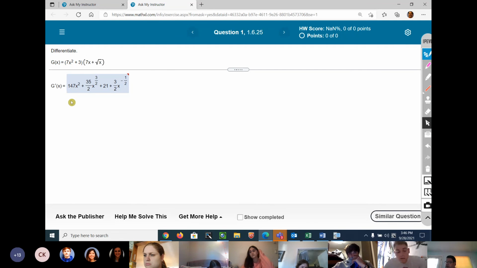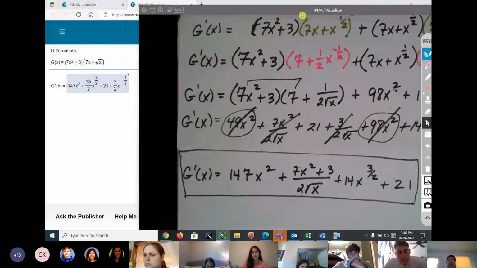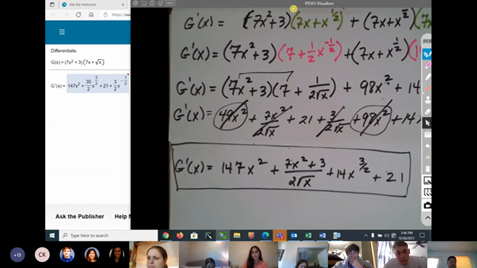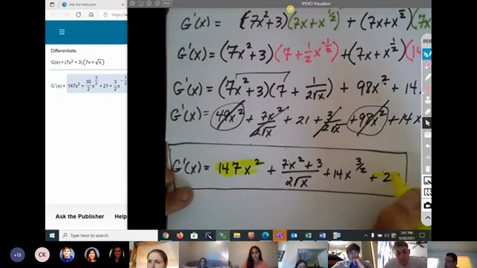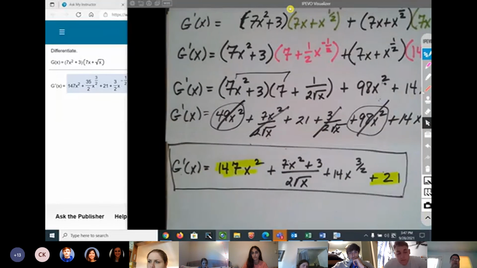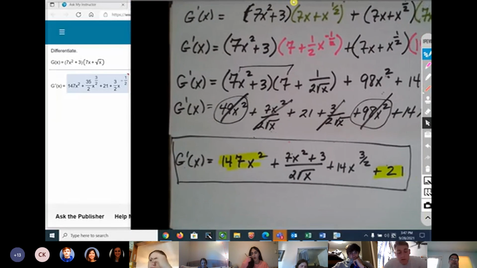I think what they did is they got rid of the radical. I'm just showing you this because I'm not going to spend a lot of time on it. This is correct, 147x squared, and the 21, they're both in there. So the rest of the problem is correct.